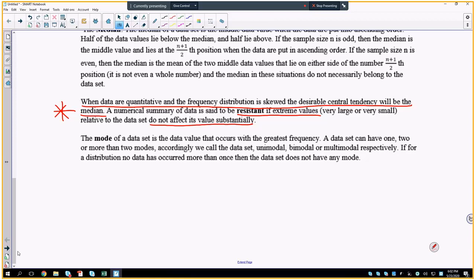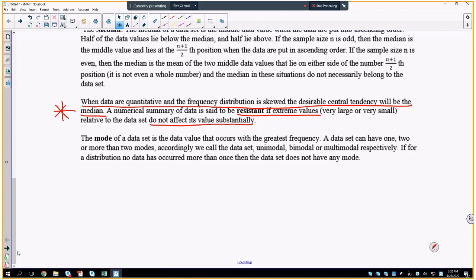And then finally, the last central tendency we'll talk about is the mode. The mode of a data set is the data that occurs with the greatest frequency. A data set can have more than one mode. It could have 1, 2, 10, or it might not have any mode at all. If a data set has one mode, we call it unimodal. 2 modes, bimodal. Or more than 2 modes, we would say multimodal.